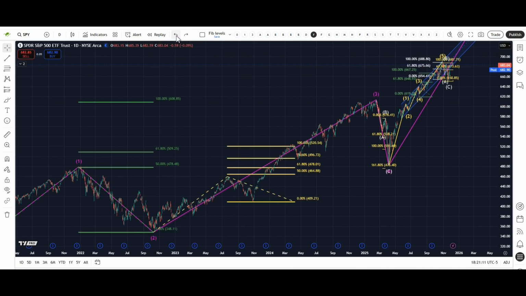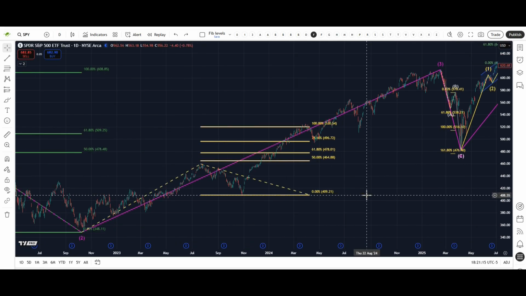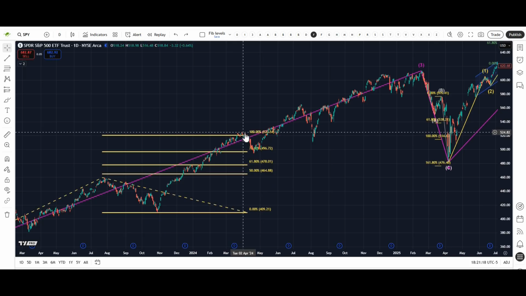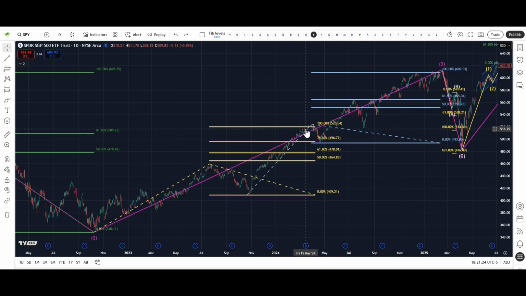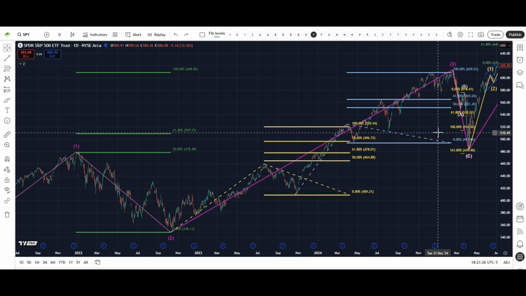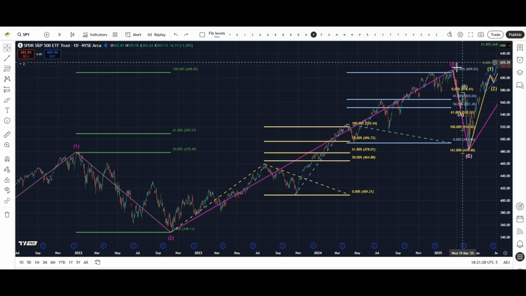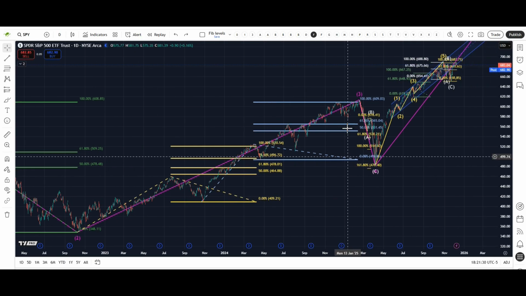So then our next level, low to high to low, gets us the 100% measured move area here before the pullback in April 24. Then the next low to high to low correlates again back to this 100% measured move area for the peak of February 25 before the tariff crash.